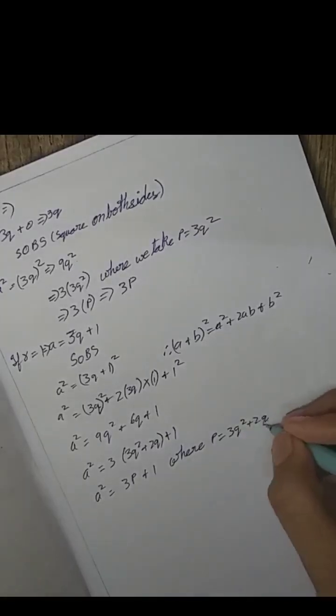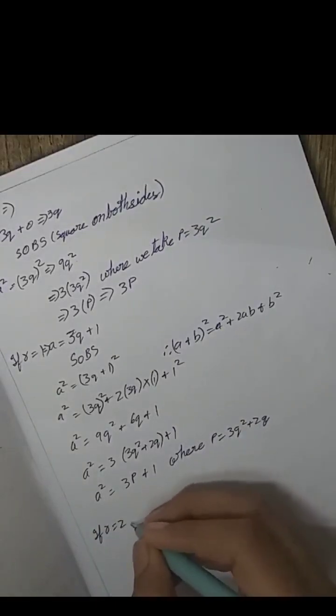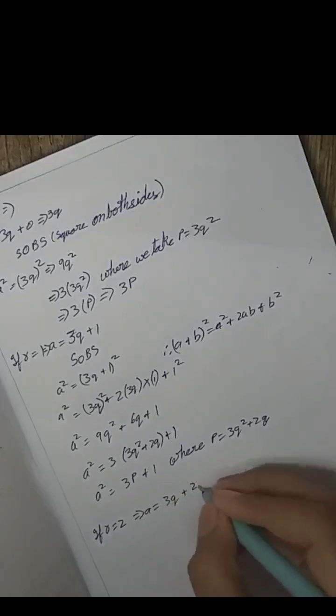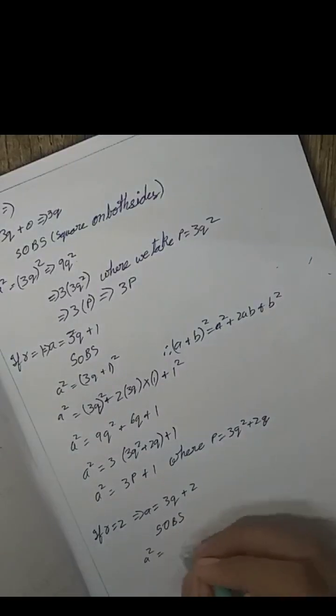Now we are still left with one condition. It is if r is equal to 2. If r is equal to 2, a is equal to 3q plus 2. When we square on both sides, we get a square is equal to 3q plus 2 whole square.